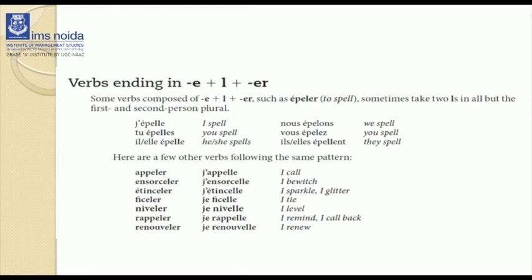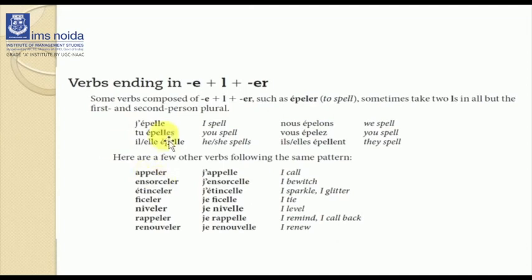It means whenever you are conjugating a verb ending in ELER, we will conjugate with the double L except with the first and second person plural. Meaning with the conjugation of nous and vous, we will use only a single L, and in the rest of the conjugations we will use the double L.